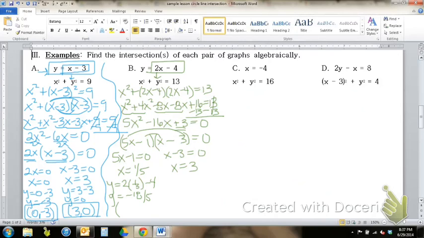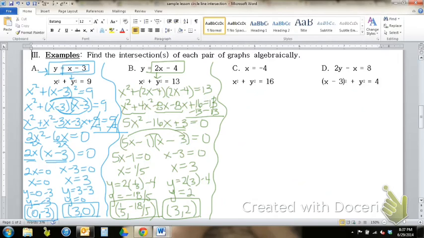So I'd write 1/5, negative 18/5. And here, 2 times 3 minus 4 is 6 minus 4, which is 2. So 3, 2. So I still get 2 solutions. One is integers, one's fractions, but I was still able to find the 2 answers.